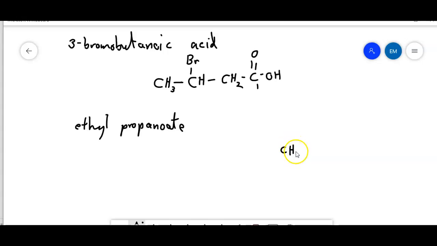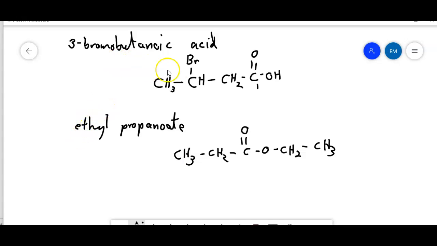So the ethyl alcohol is going to be where it comes from. And propanoate, well, that's a 3 carbon acid. Condensed structural formula. Remember, this is the acid. The propanoate comes from propanoic acid, which is 3 carbons. So we know that it's going to be like this. So those should be the structures.